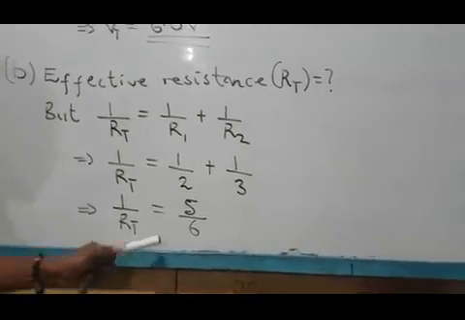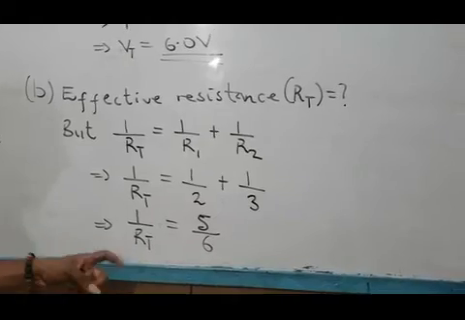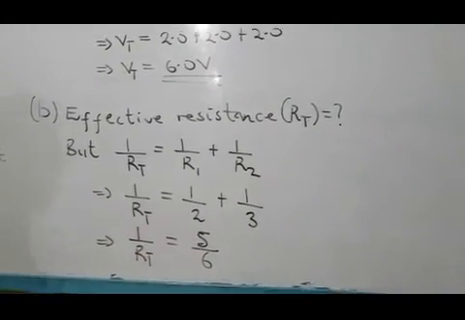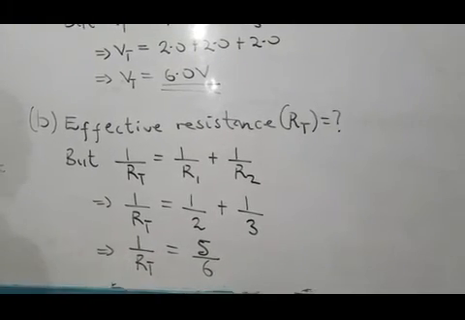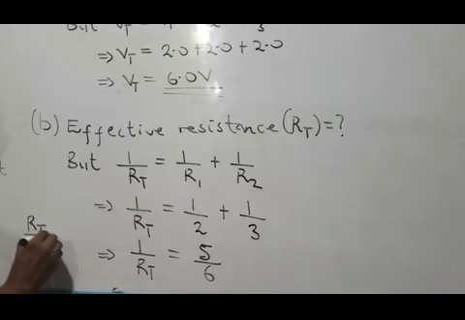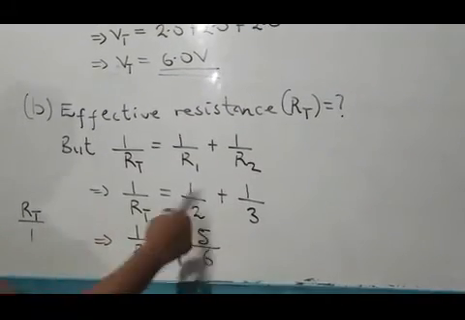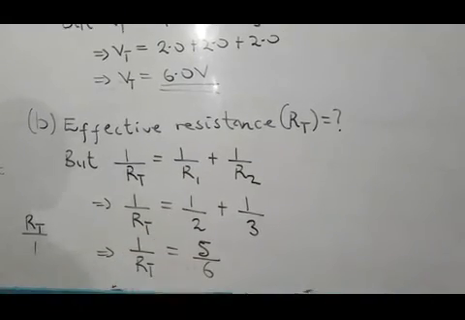But you are looking for RT. So you find the reciprocal of what is on the left and also what is on the right. Reciprocal of this means that your RT goes up and the 1 comes down, so you end up getting RT over 1, which is the same as RT. So the 6 will go up and the 5 will come down.